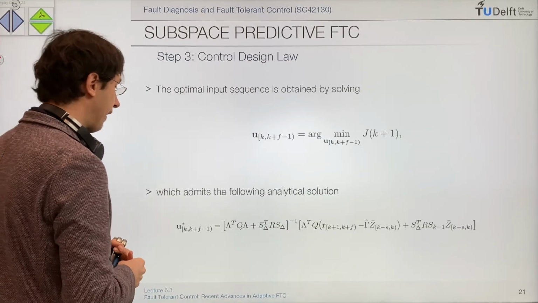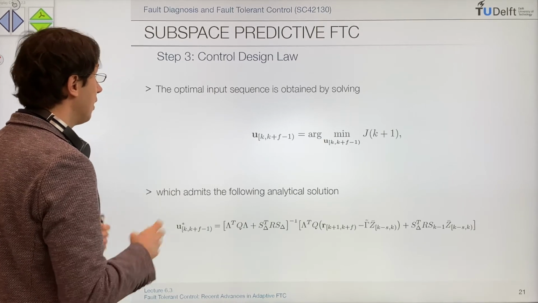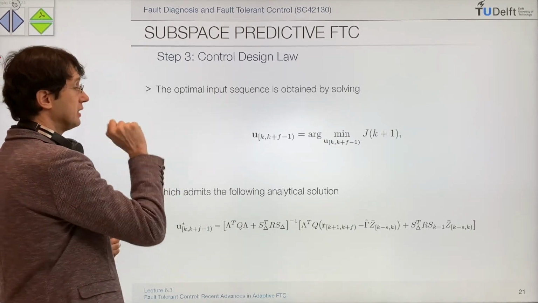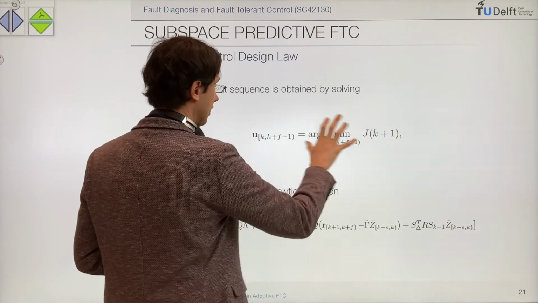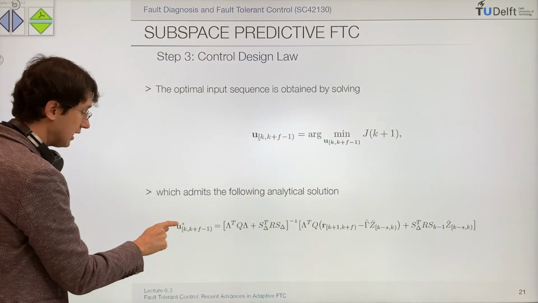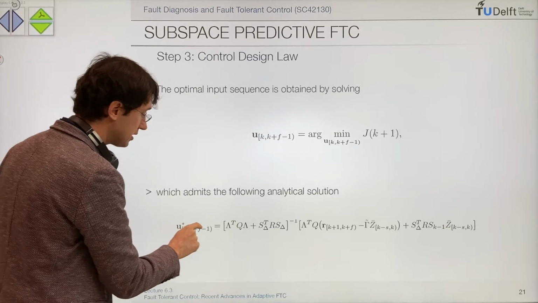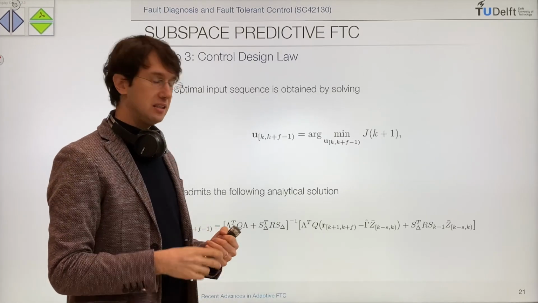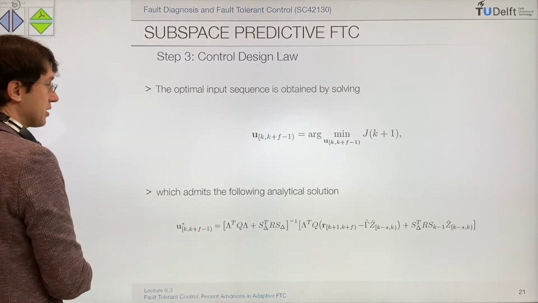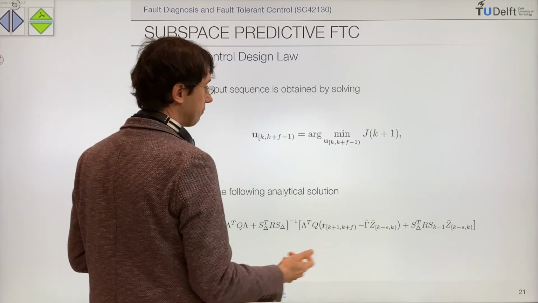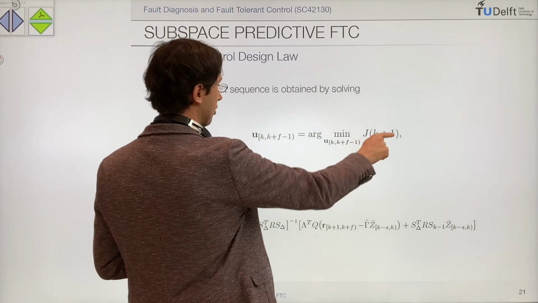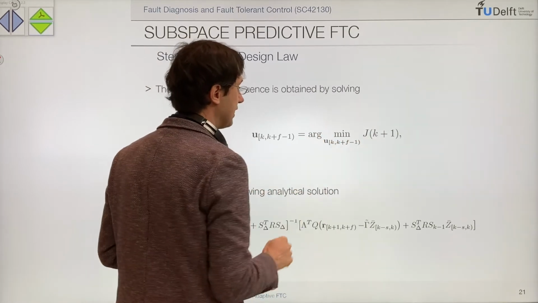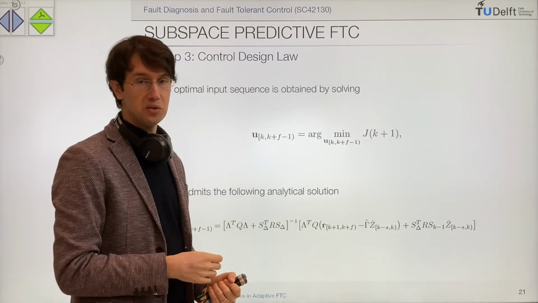Anyway, once you do that, we can introduce this optimization problem, whose solution is the sequence of inputs in the future, the sequence that the controller is computing. So as you can imagine, this problem is telling that we want to minimize the cost function that we introduced.